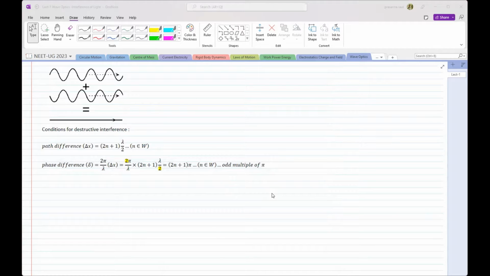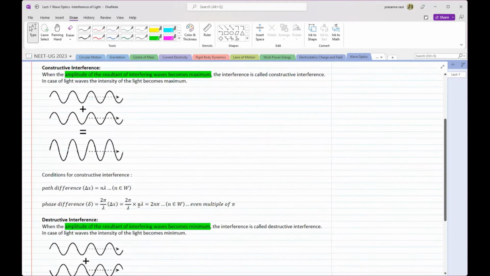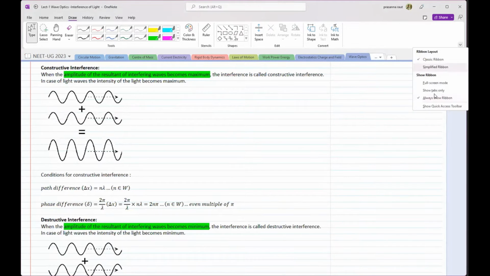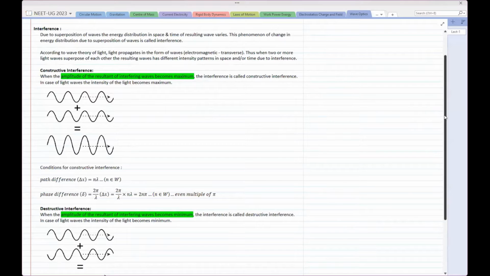Note what is path difference. So to avoid confusion, because we have done these things already, but still, the difference between the distance traveled by the interfering waves from the source to the common point where they reach simultaneously is called path difference, denoted by delta x. I'll always denote it by delta x. And these are the conditions for interference.